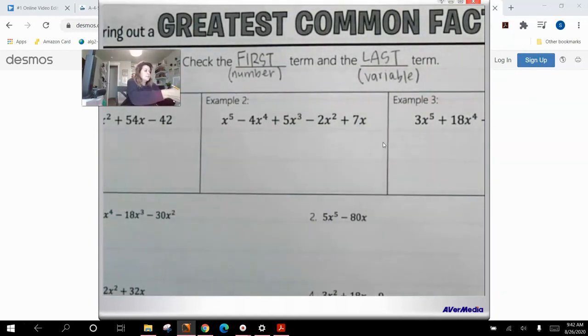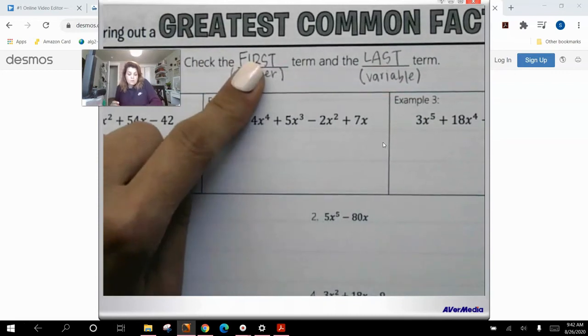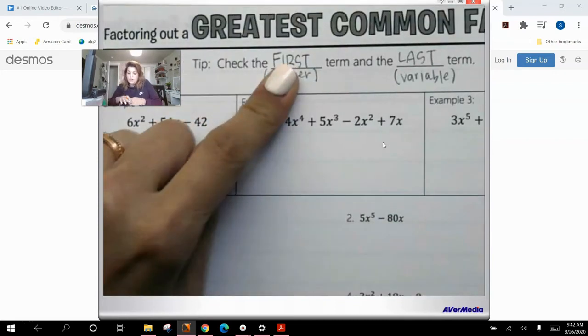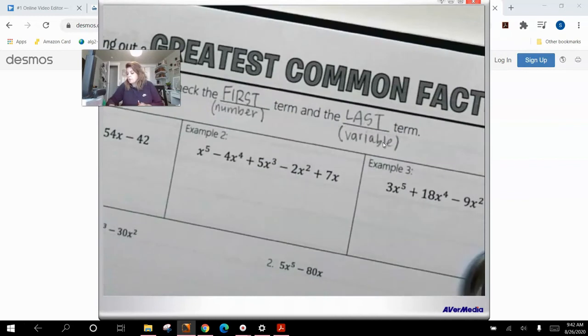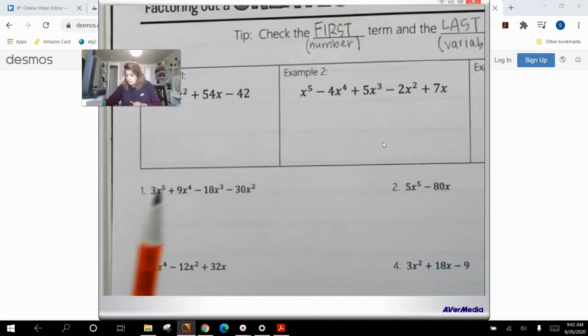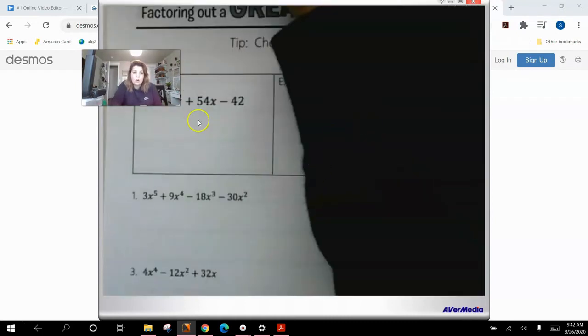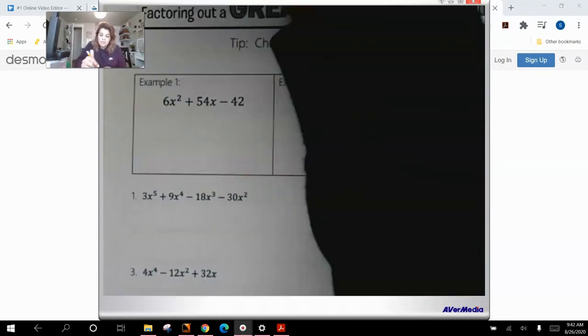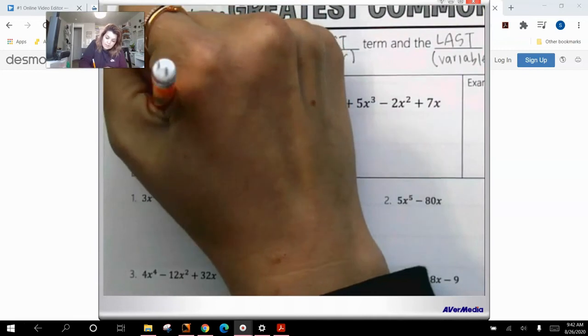Okay, so we have 3 examples that we're going to do together. It says check the first term. The first term usually tells you what number you're going to factor out. So based off of this first expression, the number that we are going to factor out is the number 6.